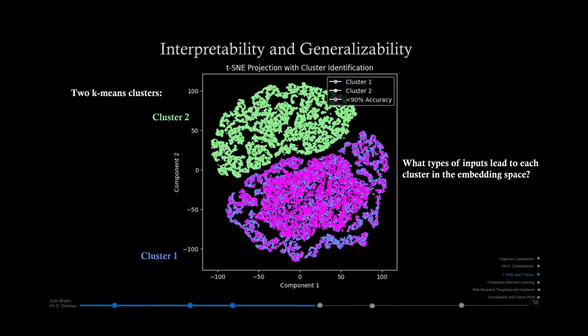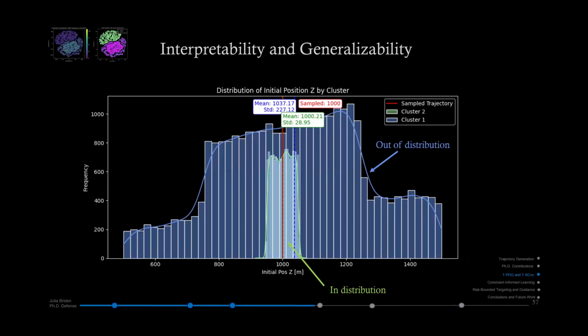A practitioner might want to know, if most of the inaccurate samples reside in cluster 1, then what are the types of inputs, or the distribution of inputs, that lead to each cluster in the embedding space? We can map back to get what the inputs are that correspond to each cluster. This is an example for our Z position inputs, but all of the distributions look quite similar for each of our parameters.